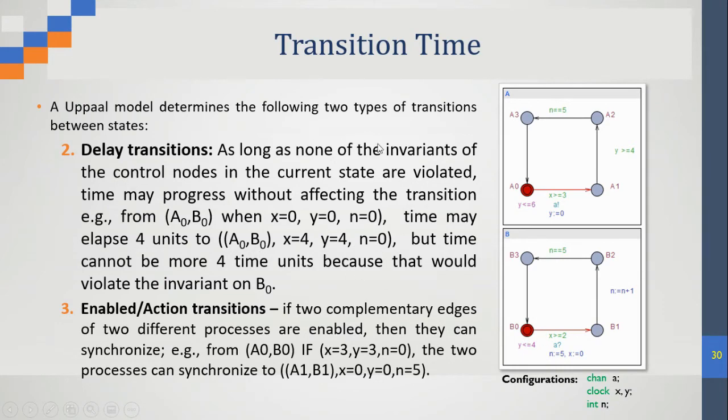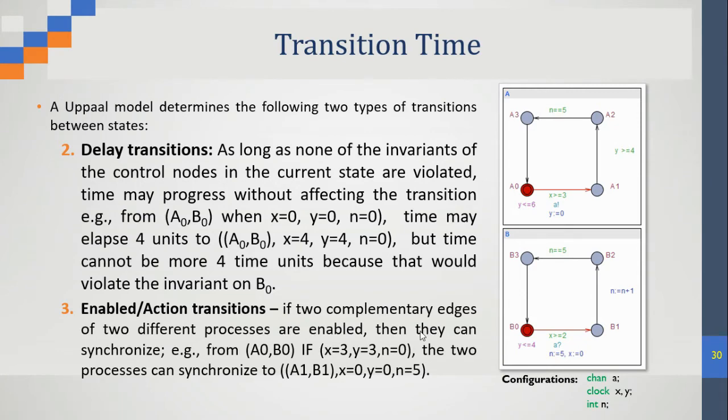So here is what we mean by delay. We delay our times, and we delay based on the lowest time. The second case: if we don't have any problem, we just proceed, for example, from A0 to B0, and there is no delay.